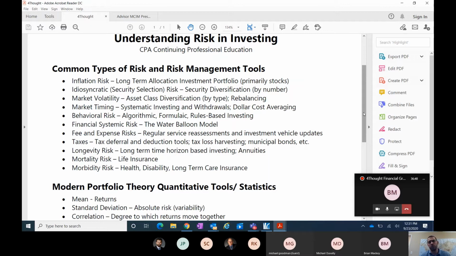Other ways to address inflation risk, other stores of value, historically have been things like gold and artwork, things that don't necessarily appreciate in value above the rate of inflation, but will hold value over the long term. Those are some ways of addressing those.